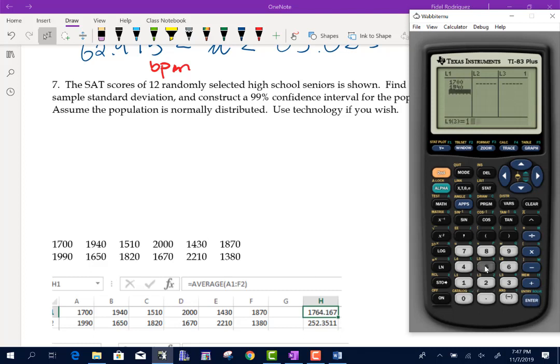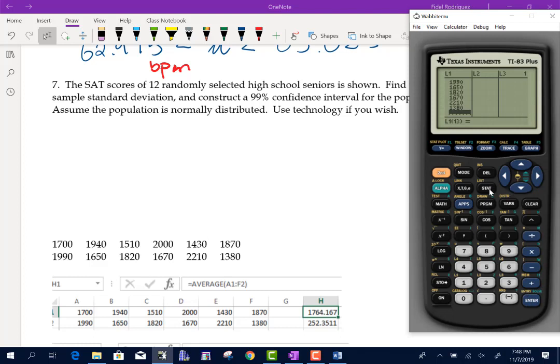Sorry guys, it takes me a little bit longer having to use the mouse. 1510. 2000. 1430. 1870. 1990. 1650, 1820, 1670, let's see, 2210, and 1380. Enter. Okay, so there's our 12 people, right?